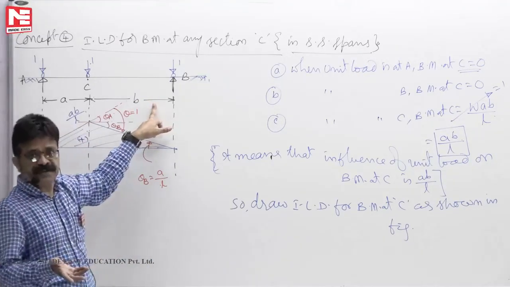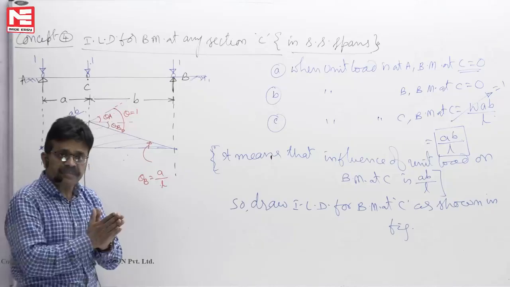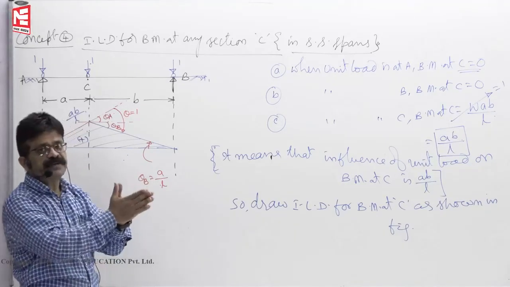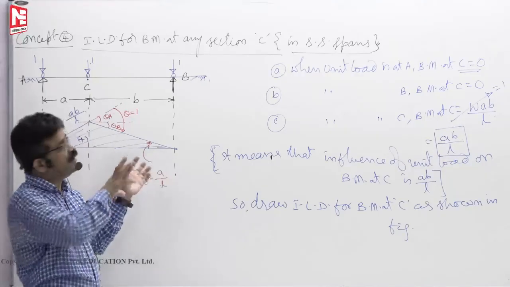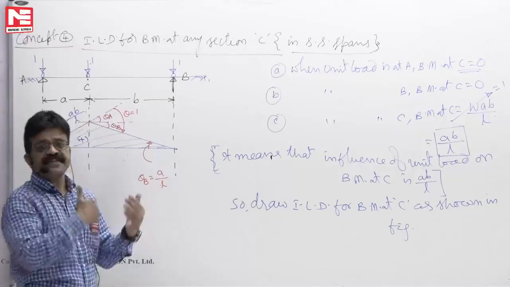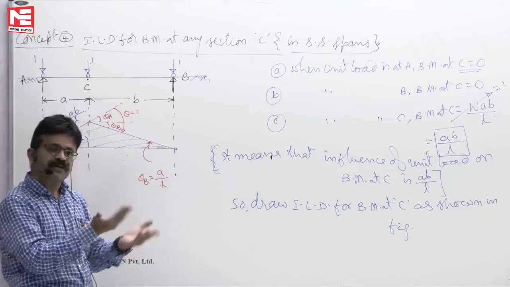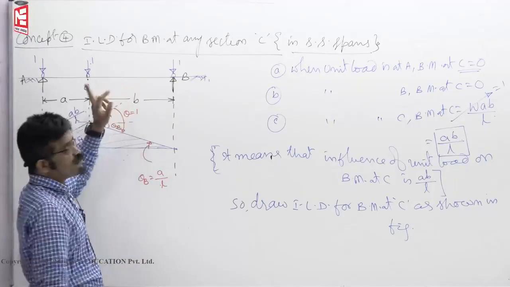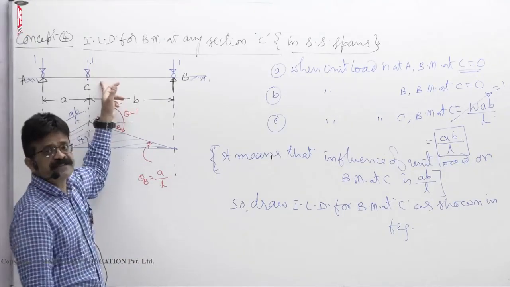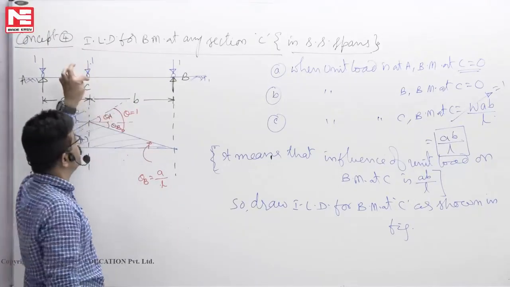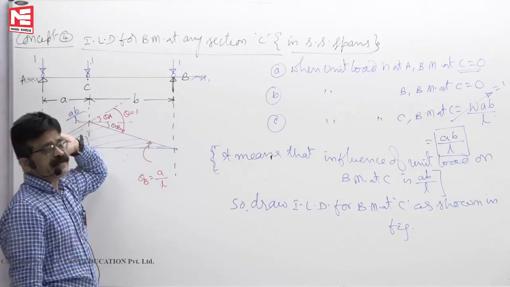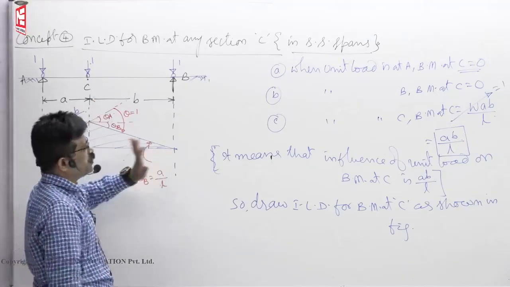That is the second possibility. So under what load, whether they are equal or less, we will see. Correct definition is under what load the change of sign happens, either equal or less than. Where it happens, you have to see that load should be kept at C and all other loads you have to adjust. Then you will get maximum bending moment at C. Okay. So these are the possible cases.